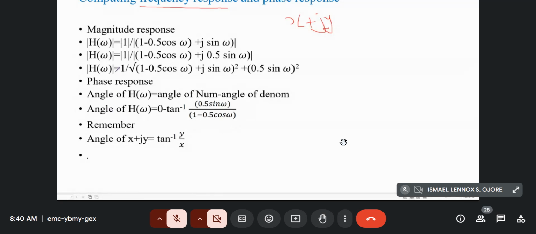So you can get your magnitude, and then of course you can get the phase response, which is simply, in this case, the angle of the numerator minus the angle of the denominator.